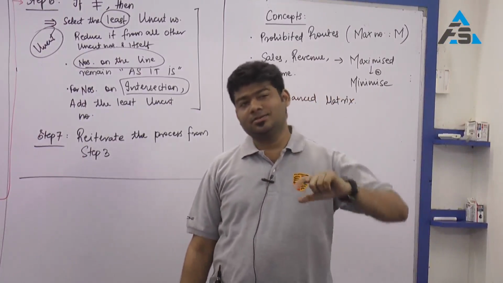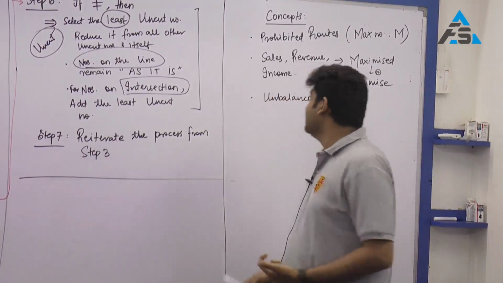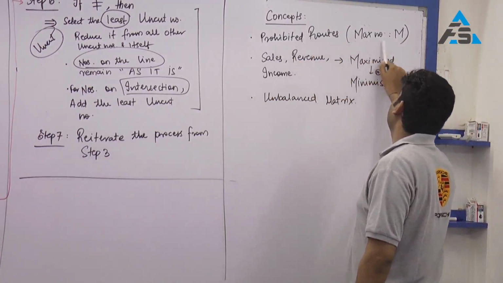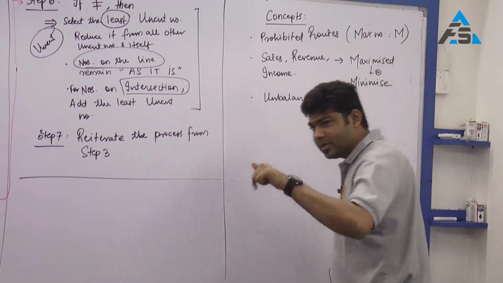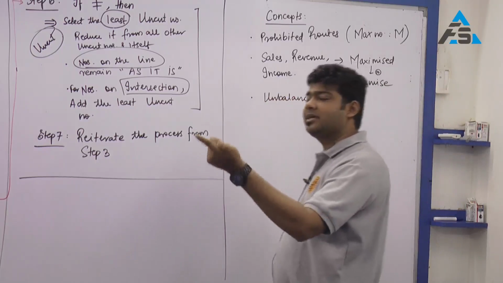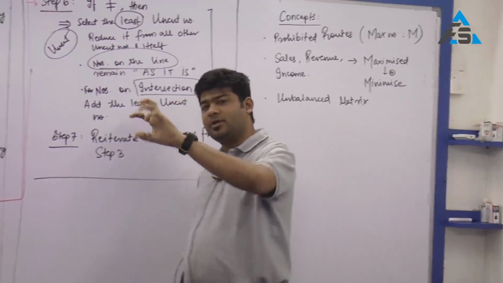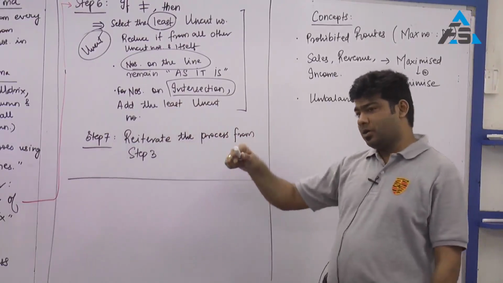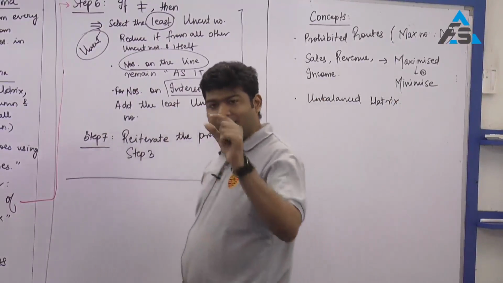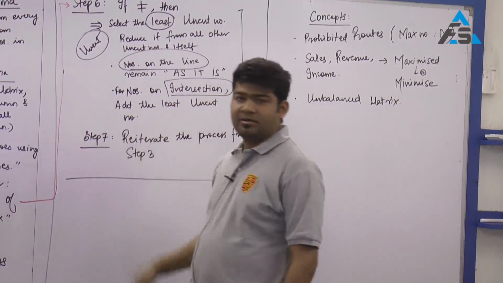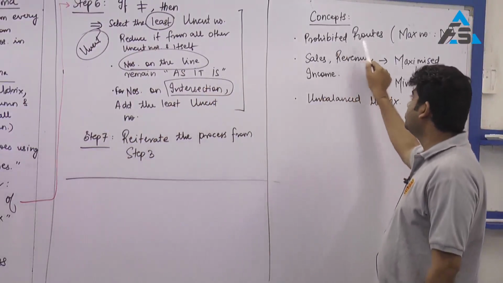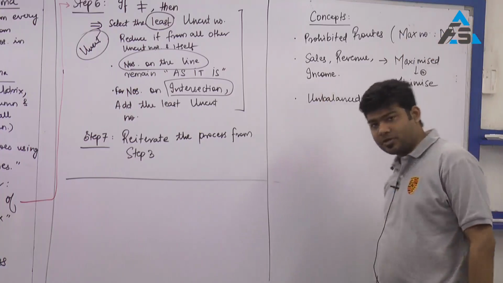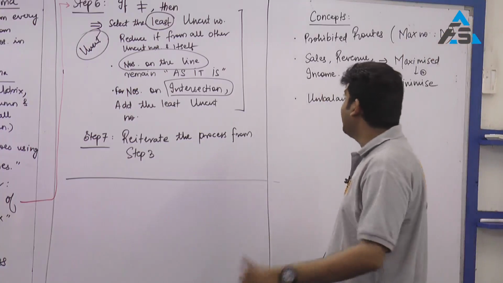So if there is no assignment possibility there, we call it a prohibited route and we denote it by a maximum number M. Any number added to M, M. Any number subtracted from M, M. Anything done on M will always remain M, and there will never be assignment possibility at M, because assignment is done only when there is a 0 in our final matrix. So M will remain M till the end of the question.